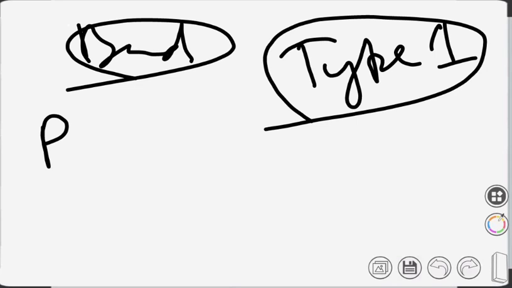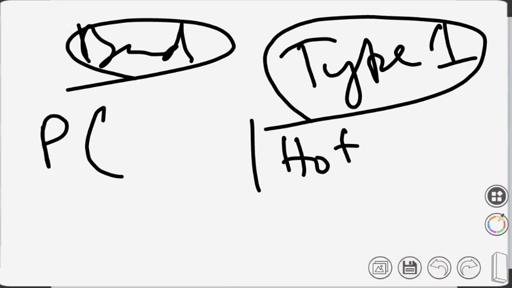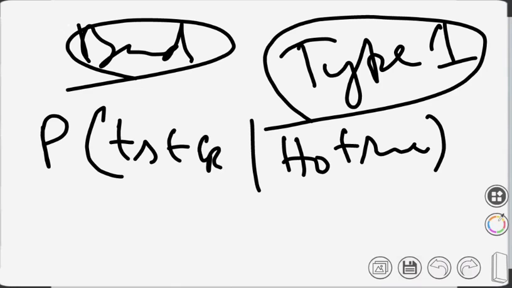So the probability that the null hypothesis is true, but TS belongs to CR. So rejecting the true null hypothesis is type 1 error. Also, there is another term which is called producer's risk.